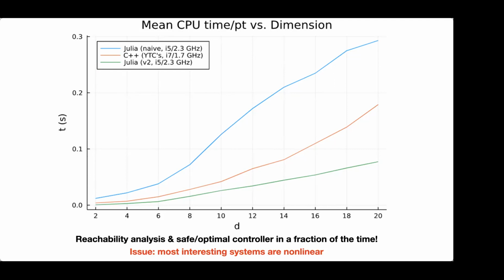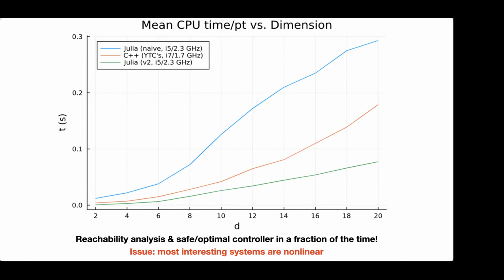The key is that this is for linear time varying systems, and most systems that we care about that are interesting are nonlinear. You have things that are squared together, you have sines and cosines and things like this. So this is great. If we can easily linearize some systems, this would be fantastic to do.